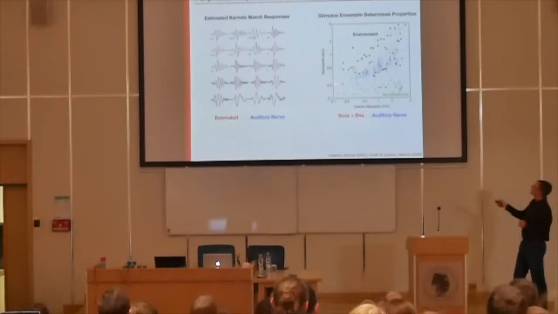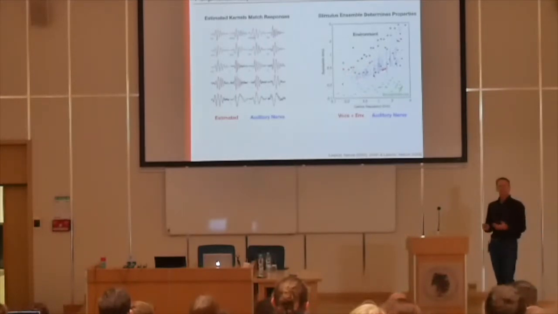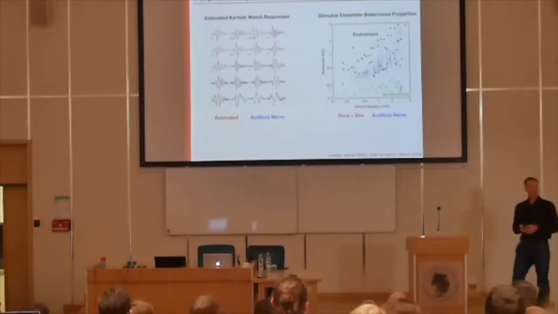So it has one center frequency and one bandwidth. So every point here of these colorful dots here, these are filters, and the different colors now indicate with respect to what stimulus set they have been estimated.